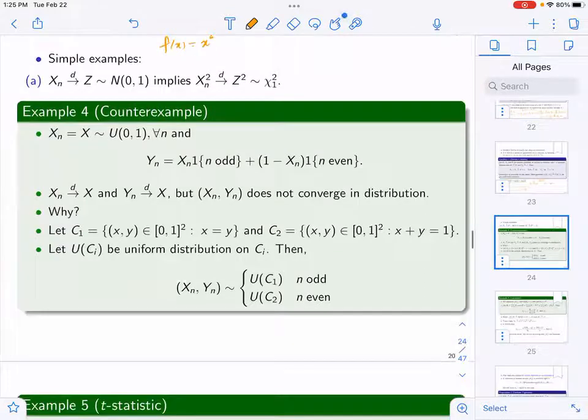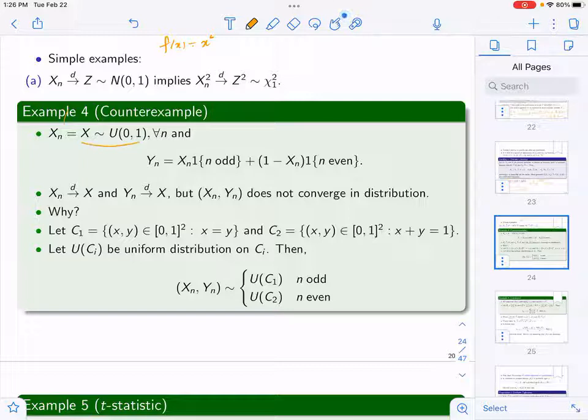The next is the counterexample. Suppose x_n is a sequence whose every element is X. It's a constant in the sense that all of them are the same random variable: x_n equals X for all n, and X happens to have a uniform distribution.